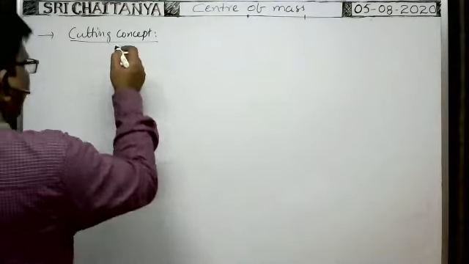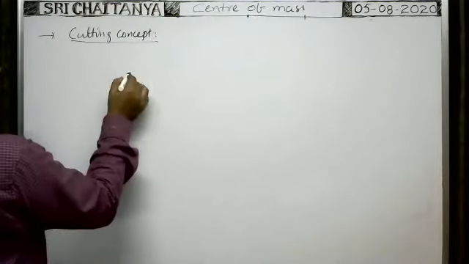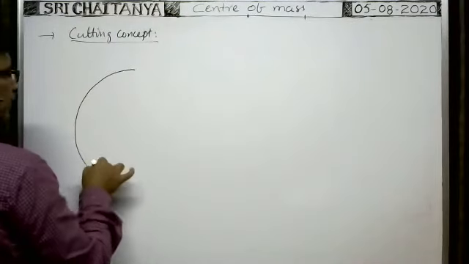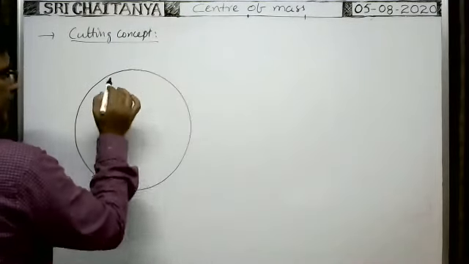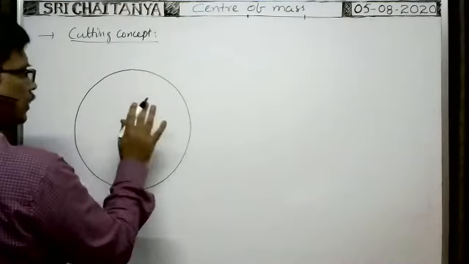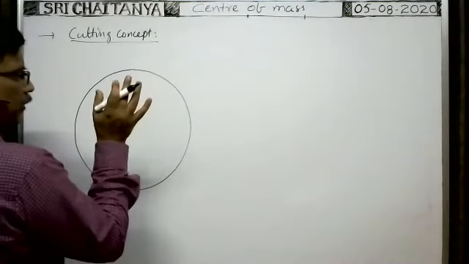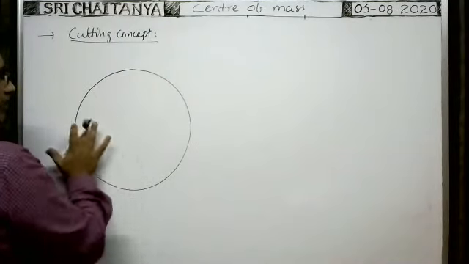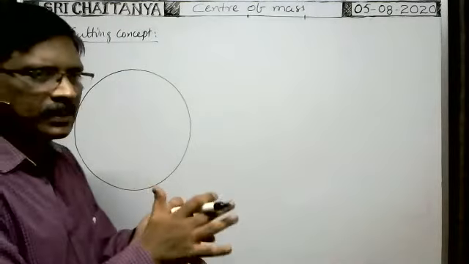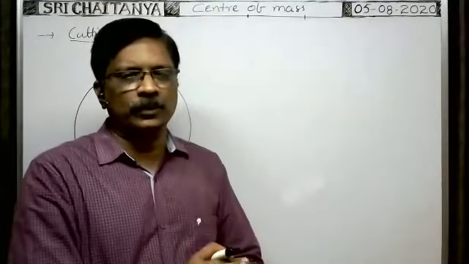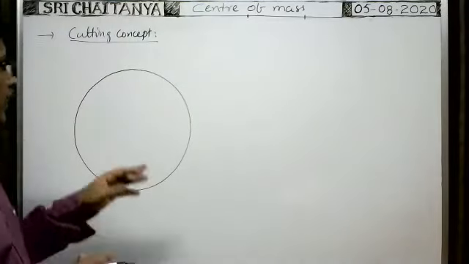Right. Cutting concept. All of you listen carefully. It is a uniform circular disc. That means the mass per unit area of the disc is the same, because the disc has some surface area and the thickness is negligible.